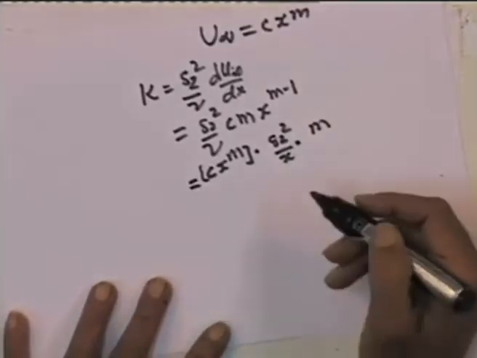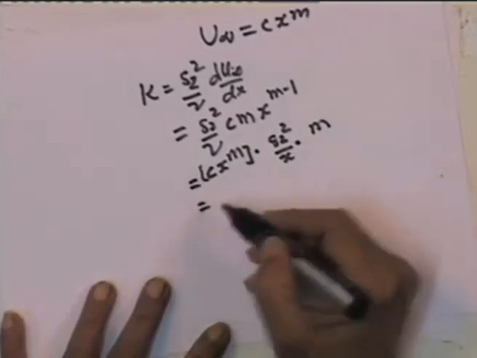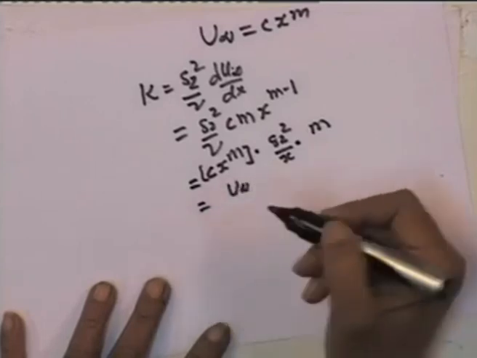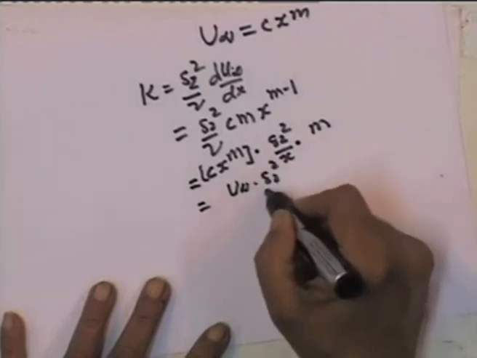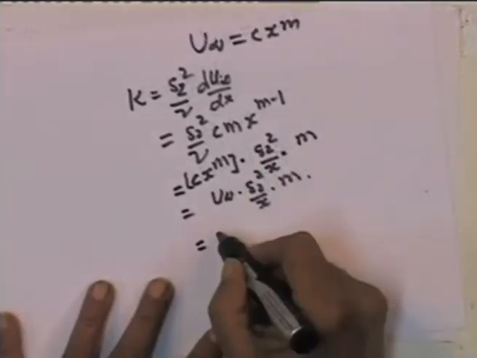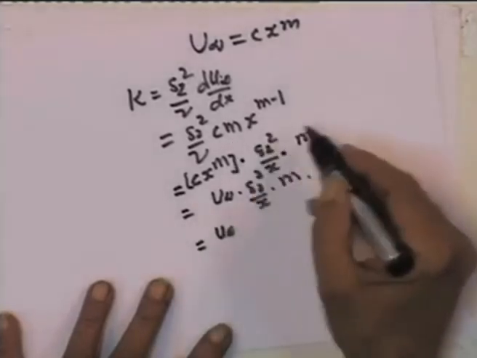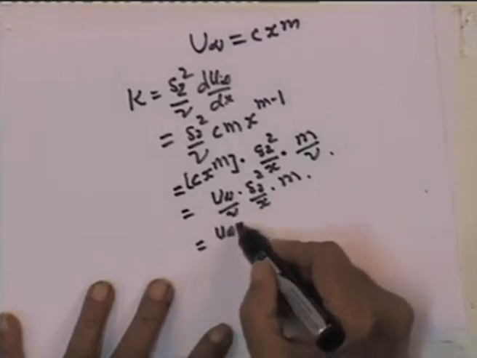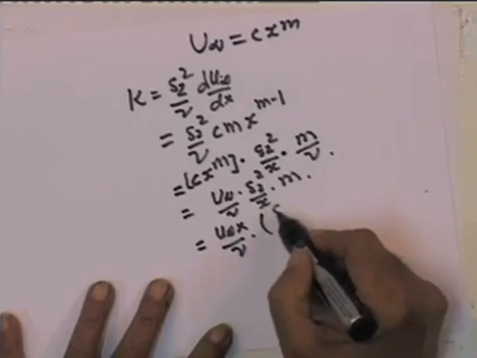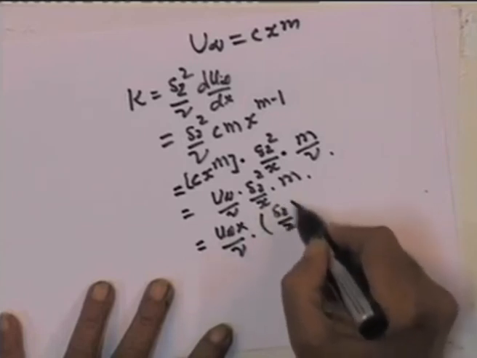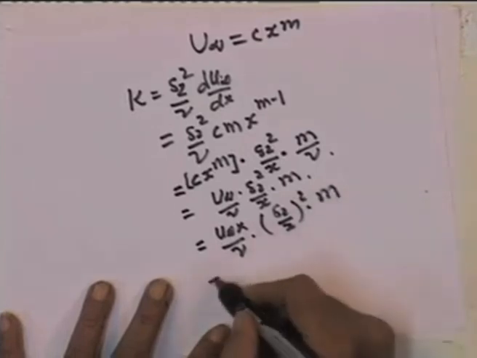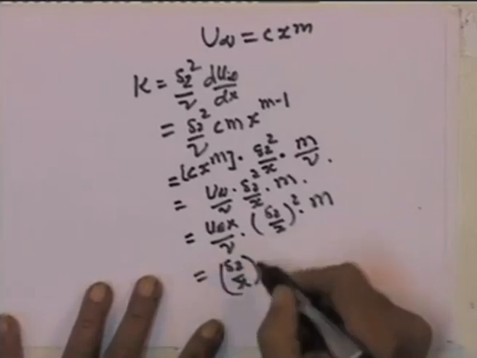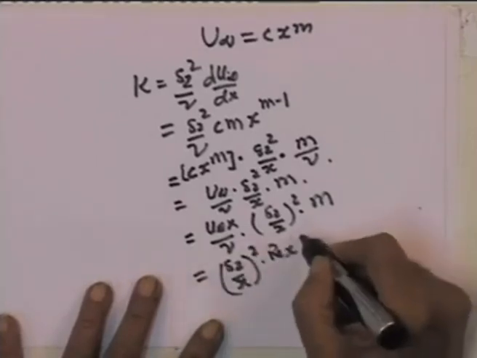C x to m is nothing but u infinity, into delta 2 squared by x into m, and there should be a nu here, so divided by nu. I can write this as u infinity x by nu into delta 2 by x whole squared into m, that is equal to delta 2 by x squared into Re x into m.